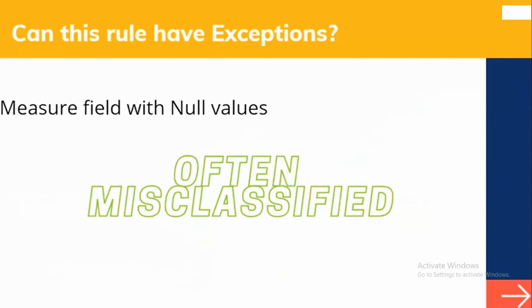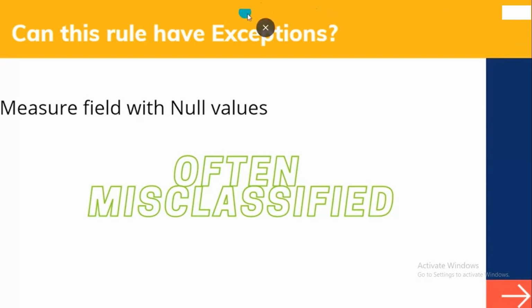Another way is that there is always a possibility that Tableau is going to misclassify fields, whenever you have a field that should be a measure but actually contains a null.